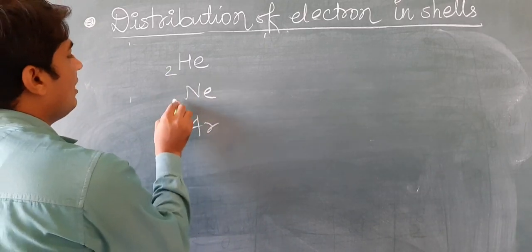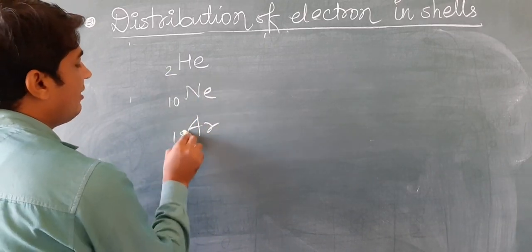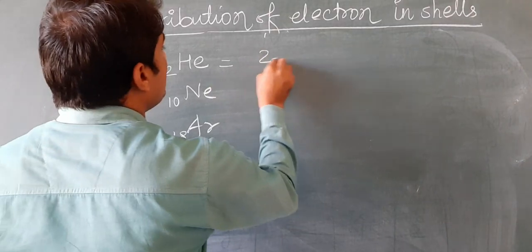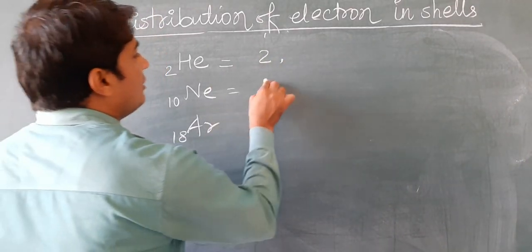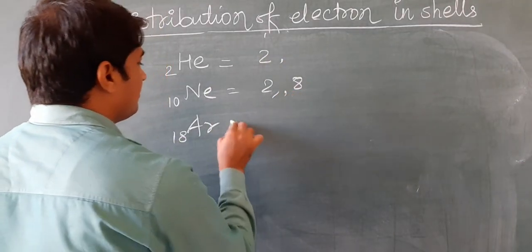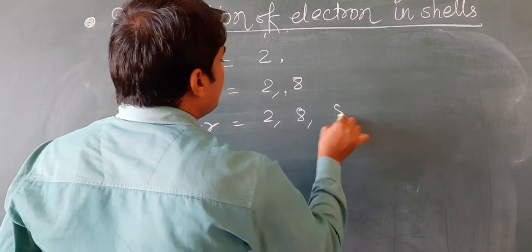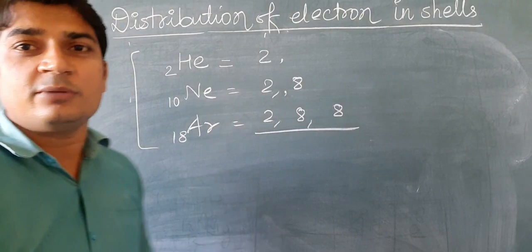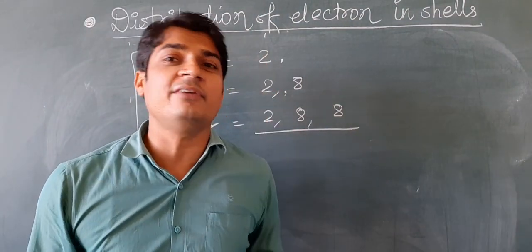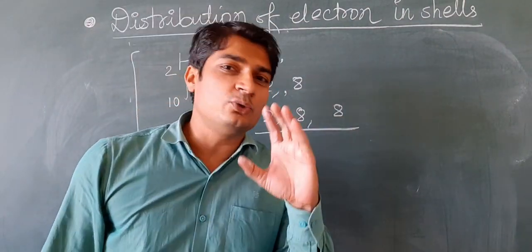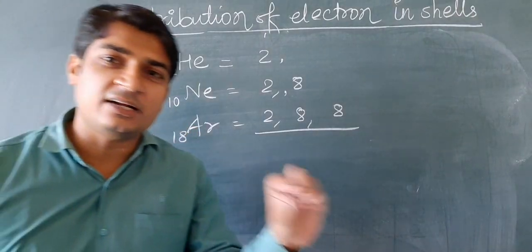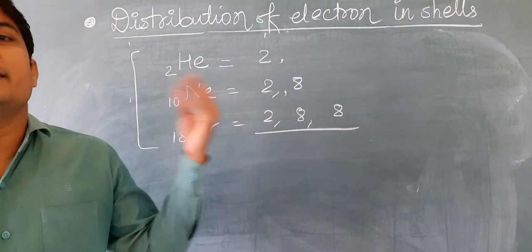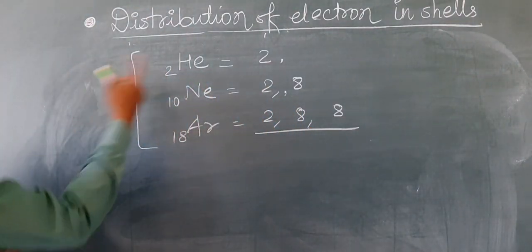Helium 2, neon 10, argon 18. Electronic distribution 2; 2, 8; 2, 8, 8. It was observed that if the outermost cell is completely filled, then the atom does not react with any other atom.